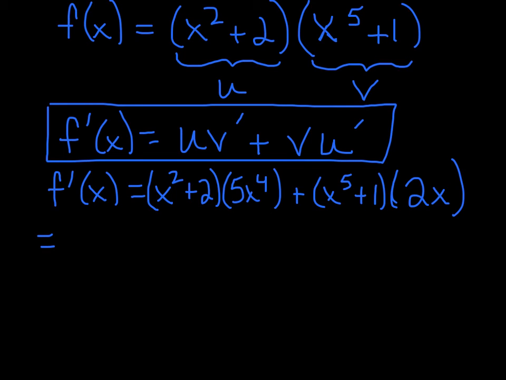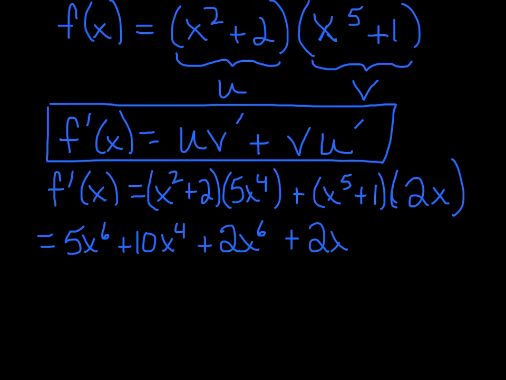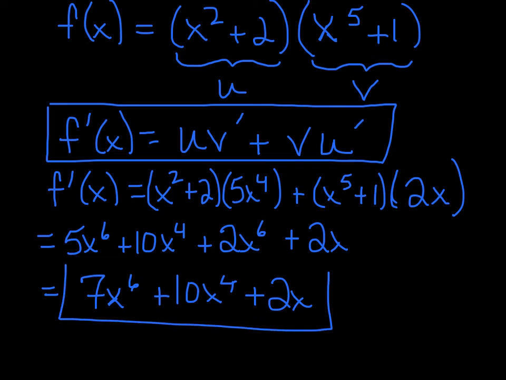So now we're just going to distribute, and we'll get 5x to the sixth plus 10x to the fourth plus 2x to the sixth plus 2x. Then all you need to do is combine your like terms: 7x to the sixth plus 10x to the fourth plus 2x. And there we go.